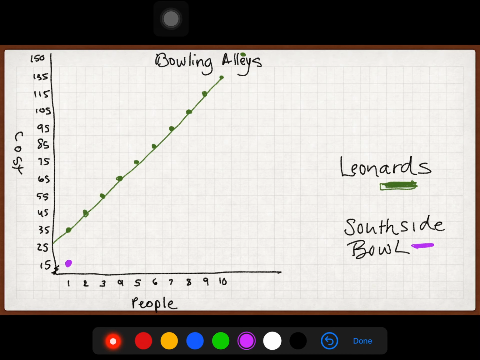Oh my goodness. Okay, 6 people, 90. I messed that one up. This one should be over 1 right here. So this one's wrong. And then 7 people is 105.